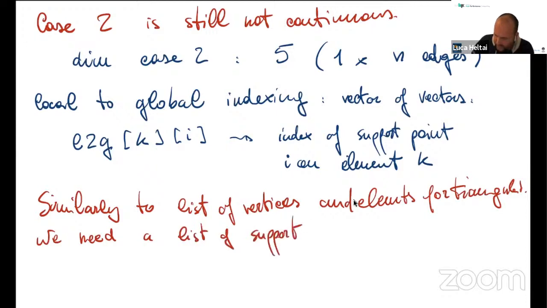And notice that these two things are entirely separated from vertices. They are not necessarily vertices.